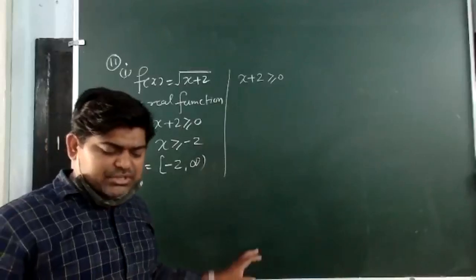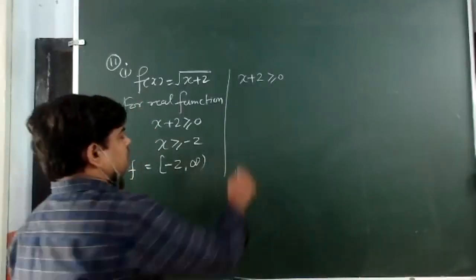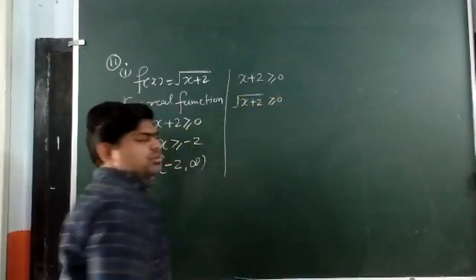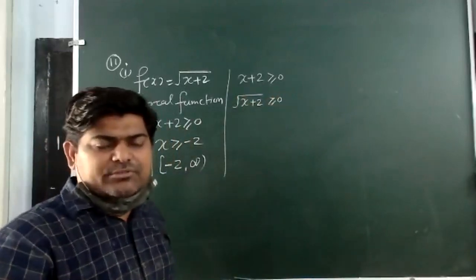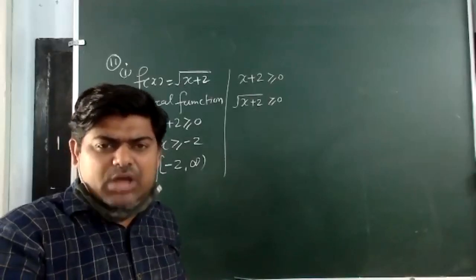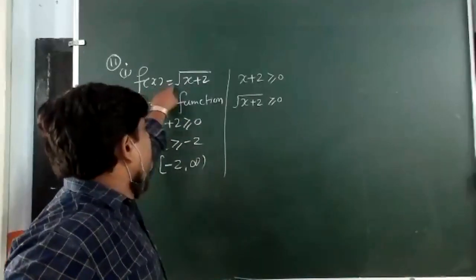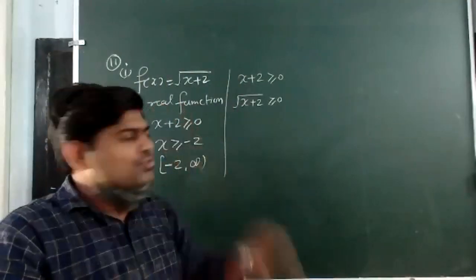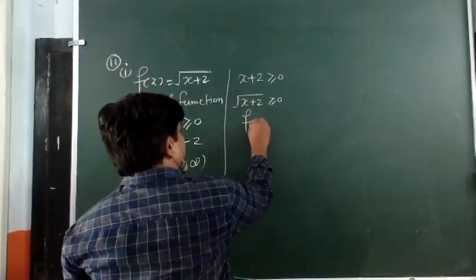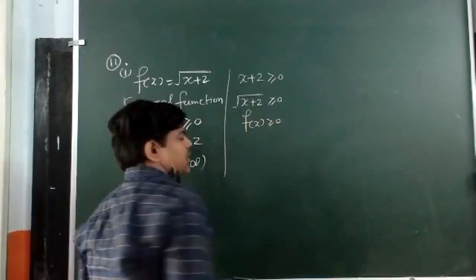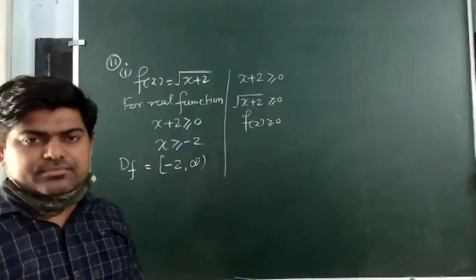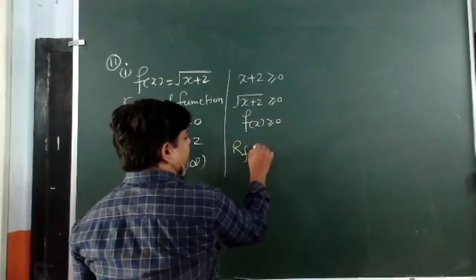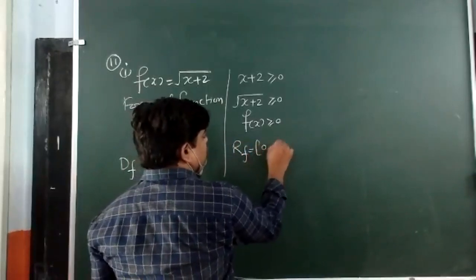If x plus 2 is greater than or equal to 0, then under root x plus 2 should be greater than or equal to 0. Actually, when I am taking the square root of any number, then plus and minus both are coming. In our definition, only positive is taken, that's why I am taking positive. So what we have got: f(x) is greater than or equal to 0, or not? Say yes or no. So I can write here the range of f is equal to [0, infinity).